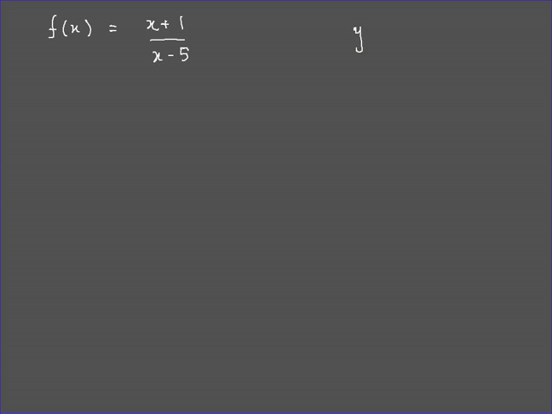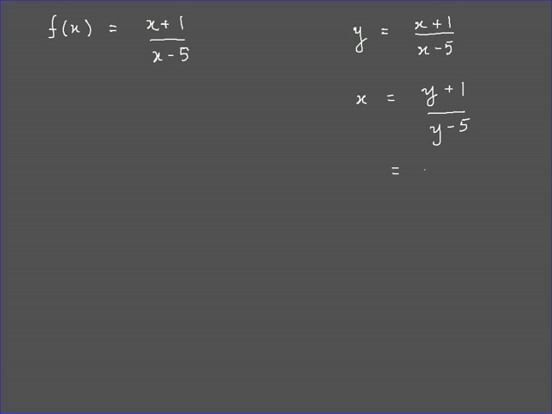So if we start off with y equals, and if we then swap the range for the domain, swap the x's and the y's, and now making y the subject, this is the difficult bit of this particular question. We have y appearing twice.